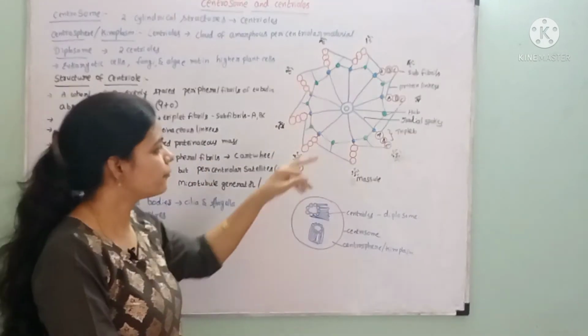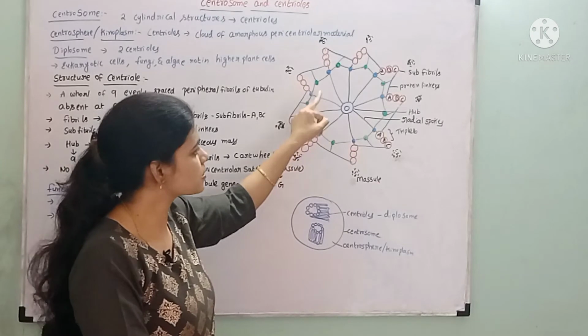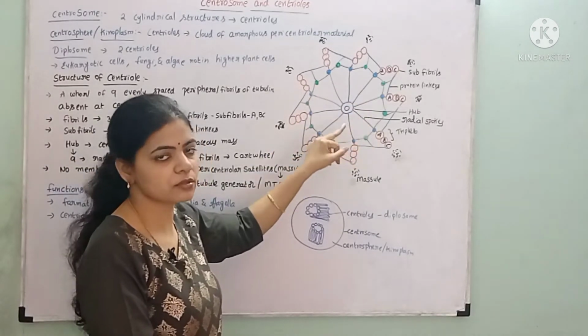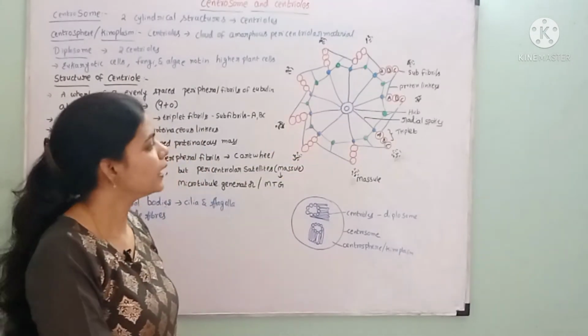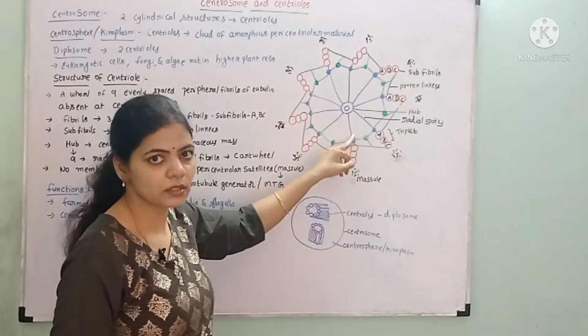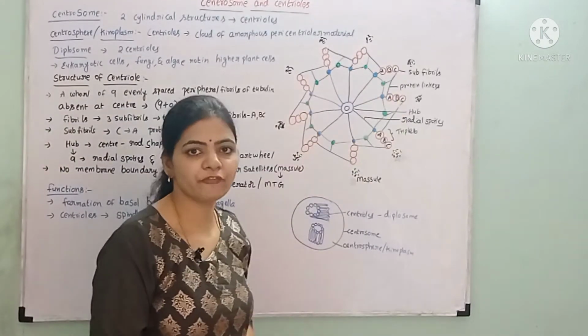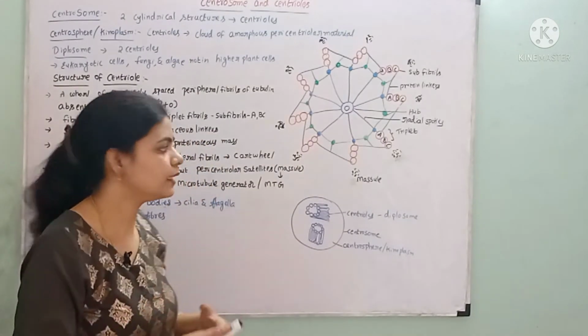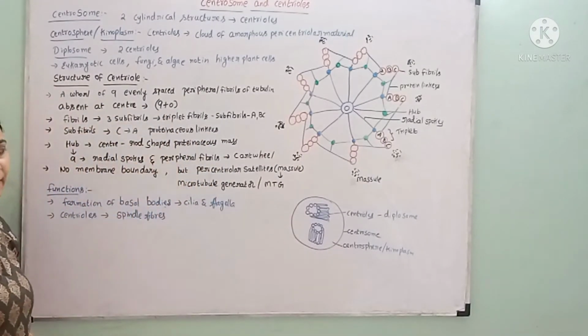From that hub 9 evenly spaced radial spokes arise. Here the hub along with these radial spokes and peripheral fibrils all together gives a cartwheel appearance.